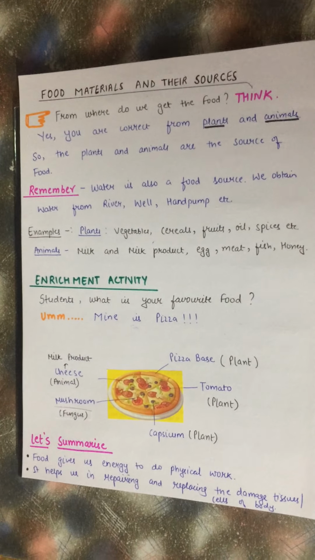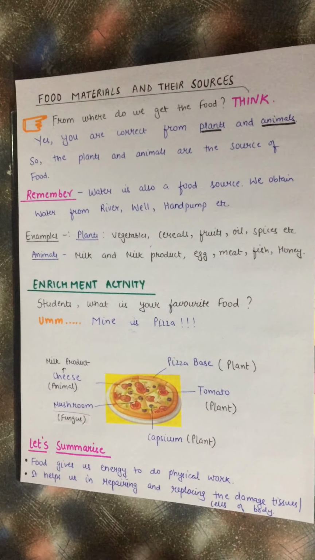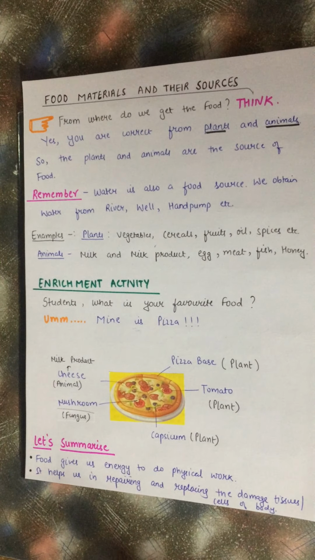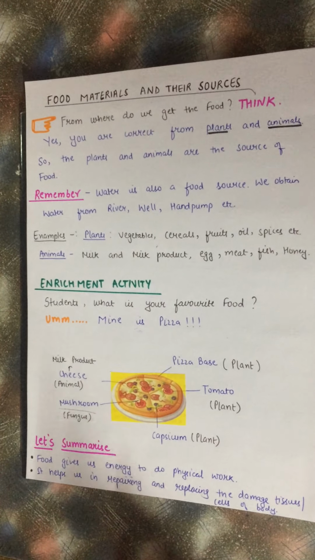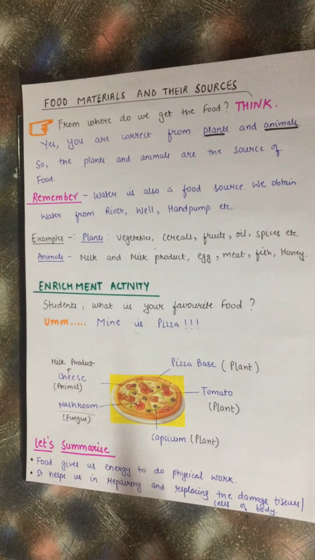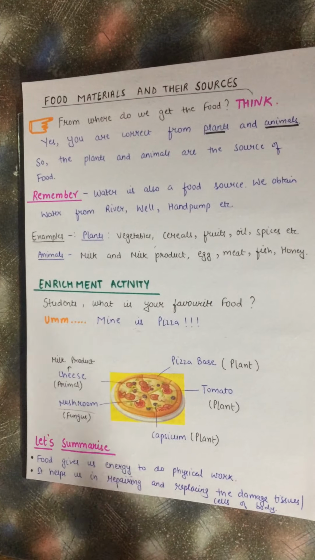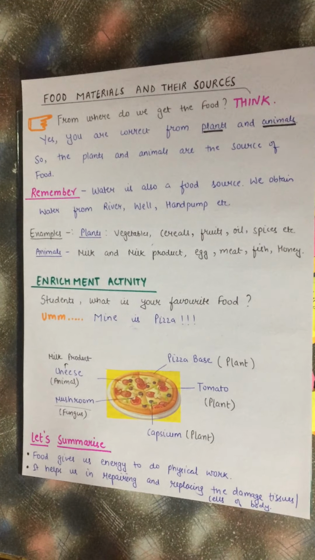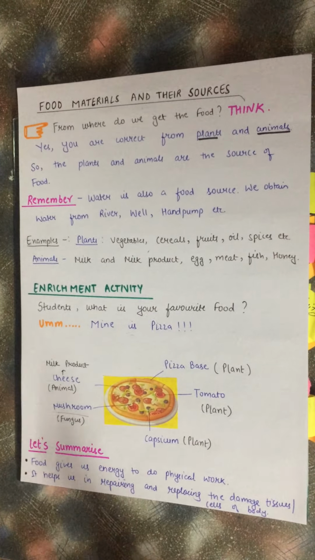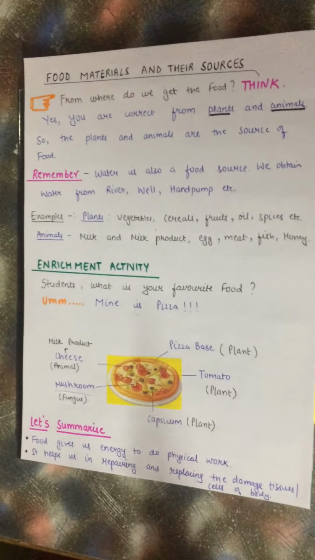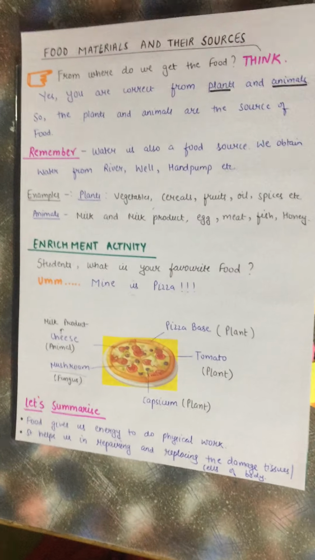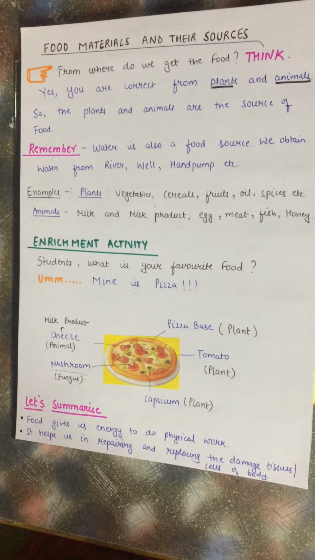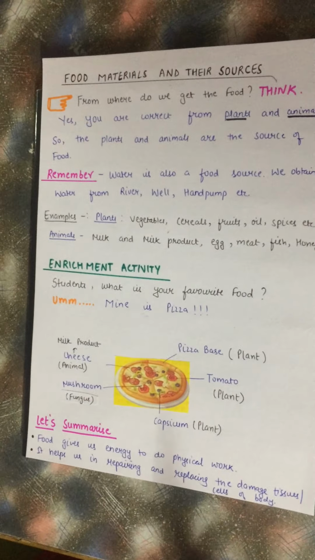It helps in repairing and replacing the damaged tissues or the cells of the body. If you get hurt, then what happens? That skin part will get repaired. वो skin जो है वो repair होगा. वो किसकी help से होगा? With the help of the food. Food will provide different ingredients. Foods जो है वो different ingredients provide करेंगे जो आपके repair and replacing में help करेंगे of the damaged tissue.